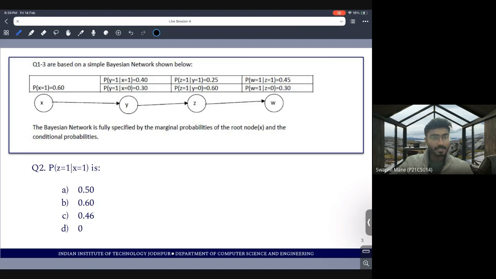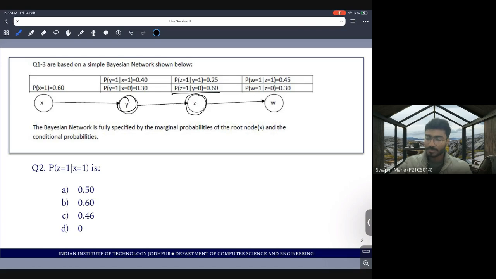So, previously, the question asked about the marginal probability of y is equal to 0, right? At this stage, question 2 is related to this node. You can see the probability of z equal to 1, given that y is equal to 1 and 0, that conditional probability has been provided.